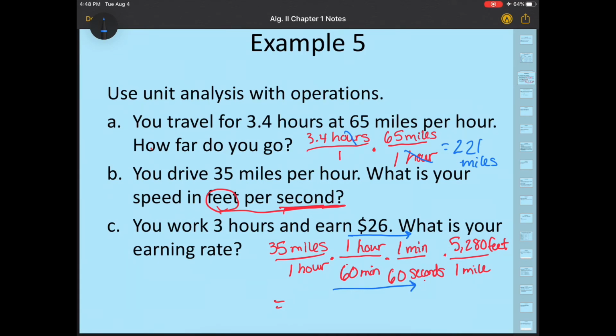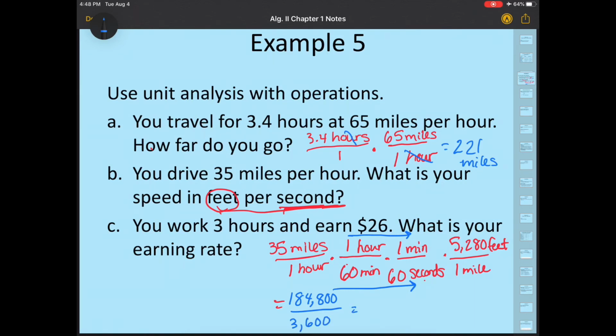With my numerator, I need 35 times 1 times 1 times 5,280. So that's 184,800 up top. Then in my denominator, I need 1 times 60 times 60 times 1. And that will give us 3,600.